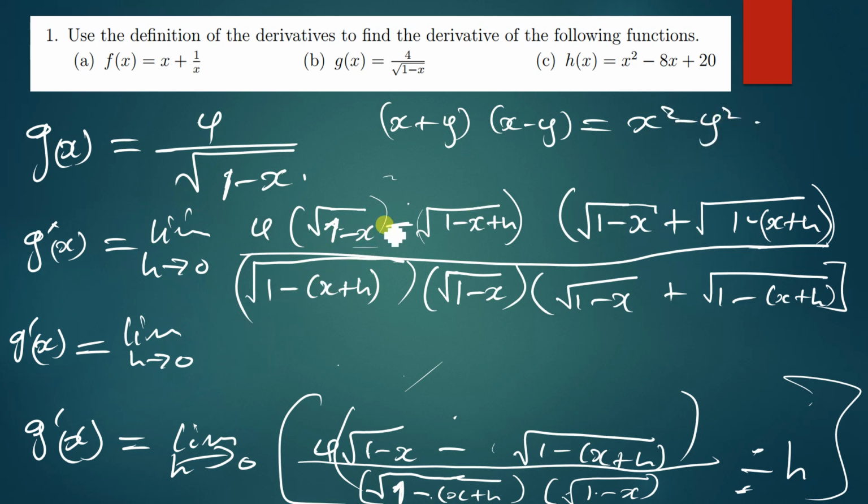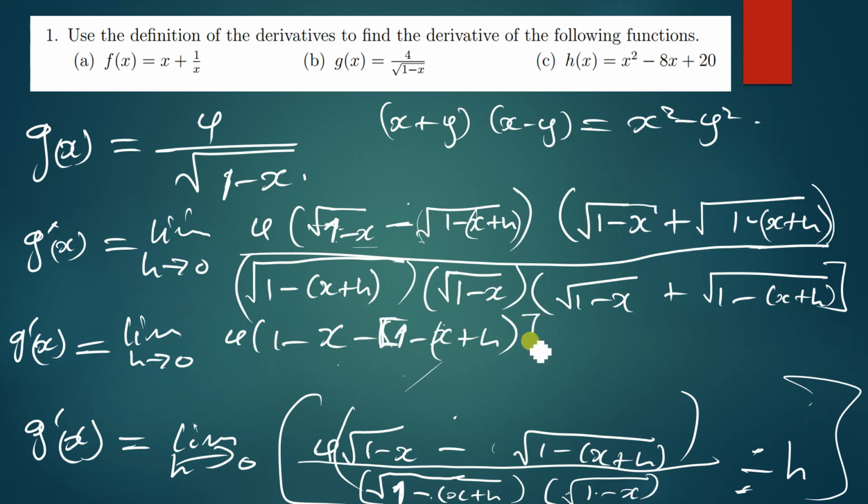So it's just the same as squaring this part and also squaring that part when you multiply these two. When you square the first part, you're just going to remain with 1 minus x. Then when you square this other part, we say minus 1 minus x plus h. Okay, so this is what you're going to have.